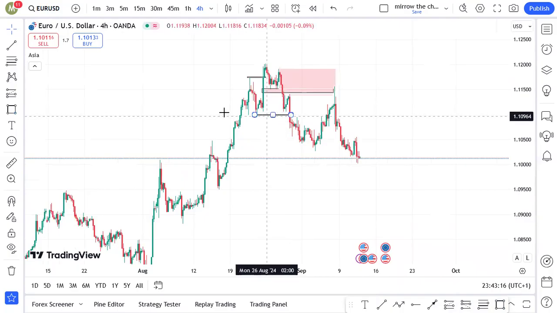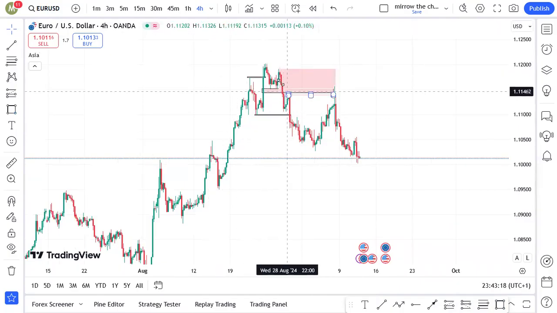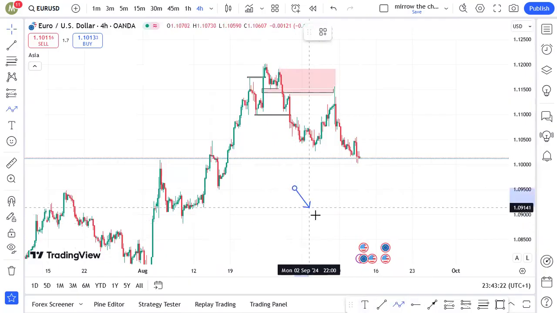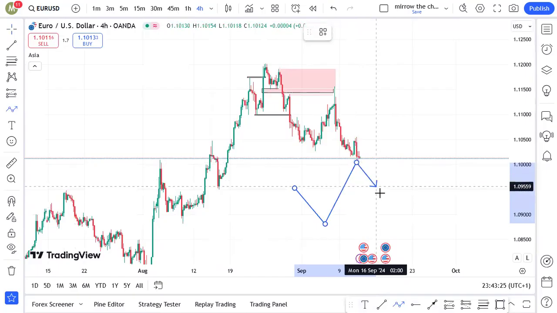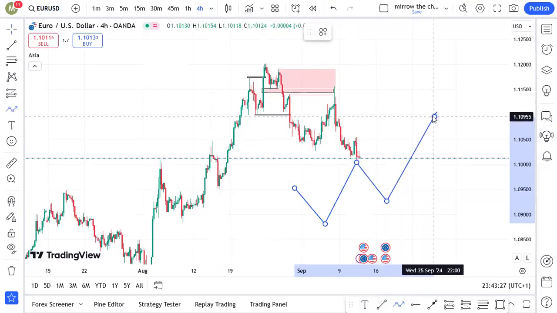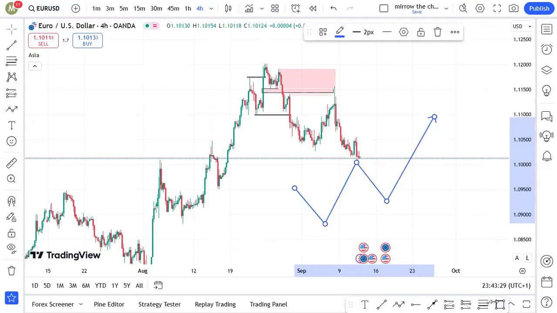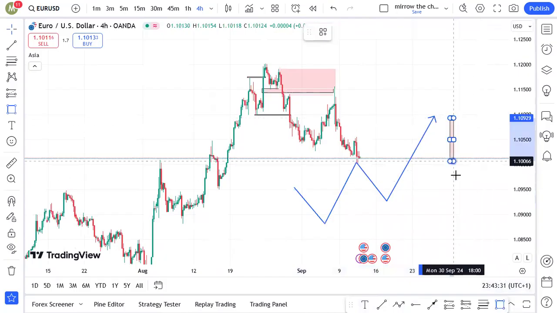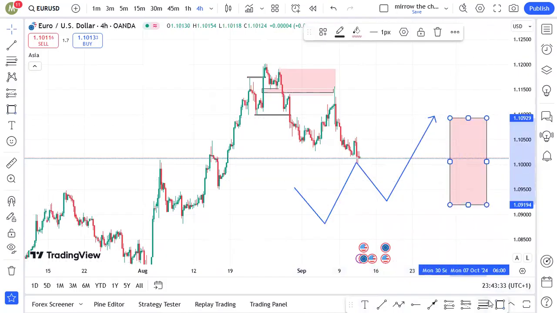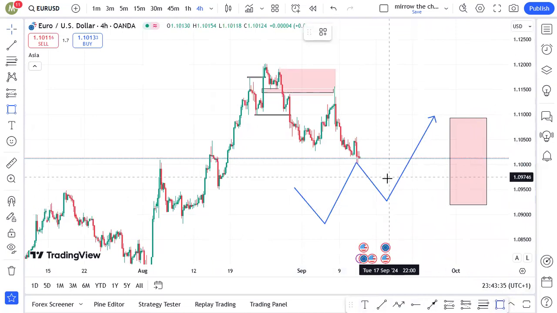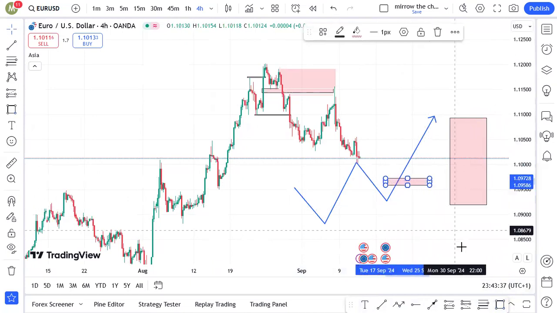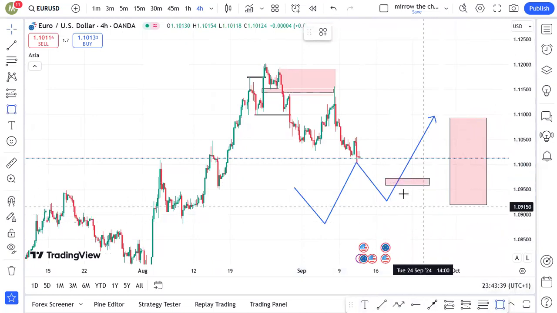I think I've told you about liquidities. Inside this range that you want to work with, you see fair value gap, you see order block, your POI.